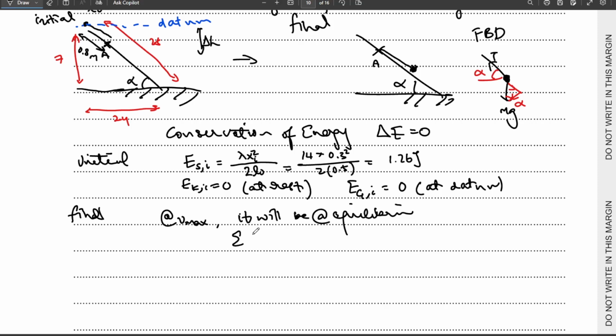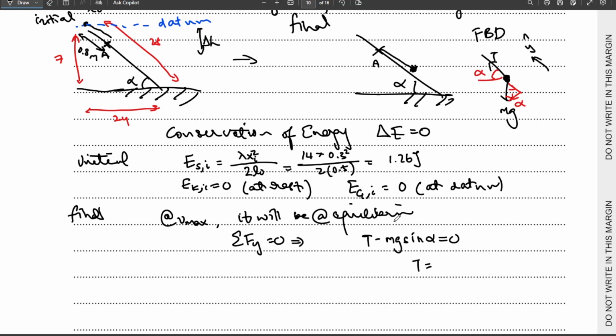The sum of the forces in the y direction will be 0, and we take the y as this one. So T minus mg sine alpha is 0 at this instant. We consider this instant, and T will be equal to mg sine alpha.